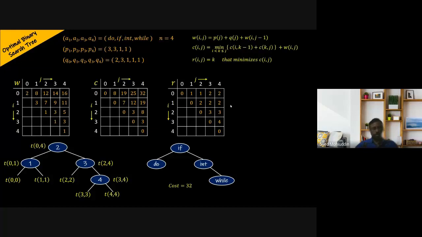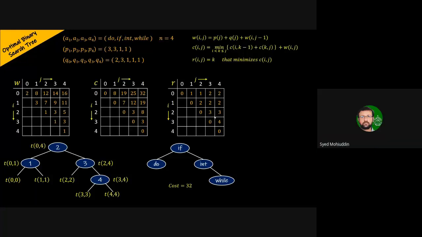But remember that this is how it is done, and if the question is asked, you have to state these three equations, and then summarily explain theoretically how these equations lead to the table that is constructed, and how this leads you to an optimal binary search solution. So this is all about the optimal binary search trees.